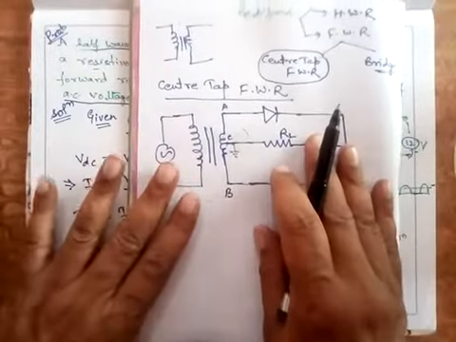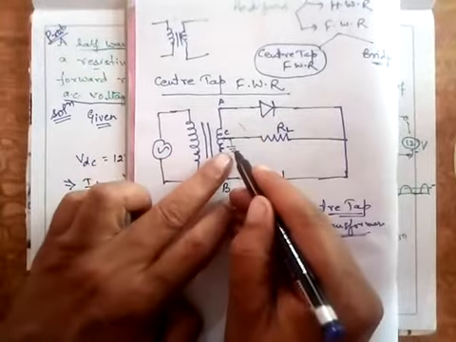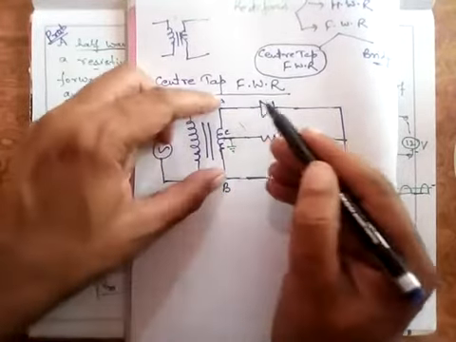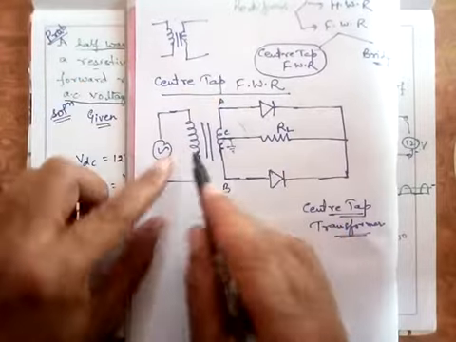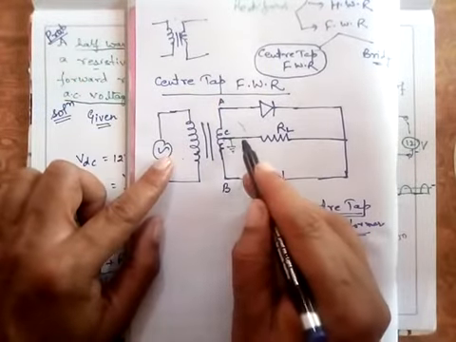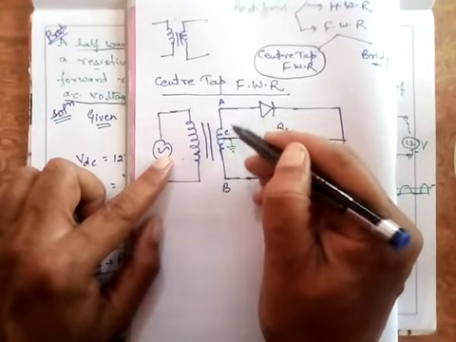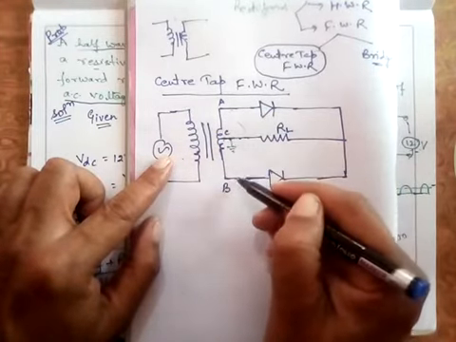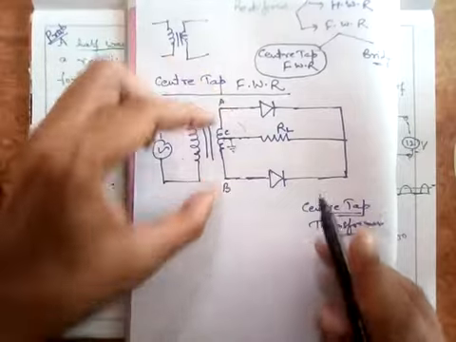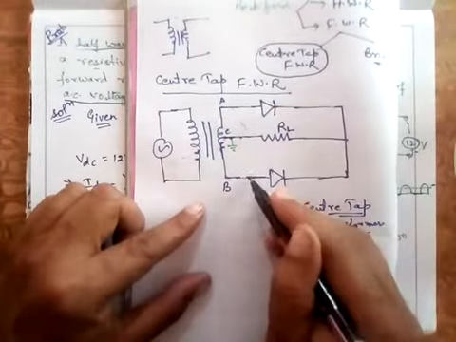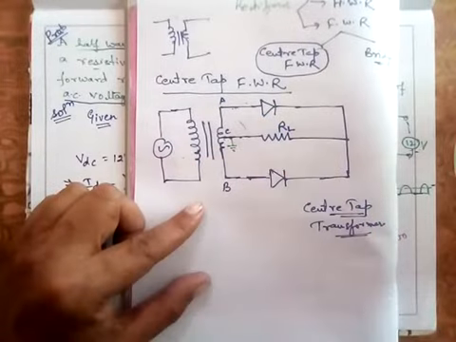So the point is that, again I am coming back to this circuit. This is a center tap transformer. This is supply voltage. So whatever voltage I get between A and B after being either step up or step down, the potential between A and C or between B and C will be half of the potential between A and B. Suppose it is 100 volt between A and B, so it is 50-50 on these two sides.